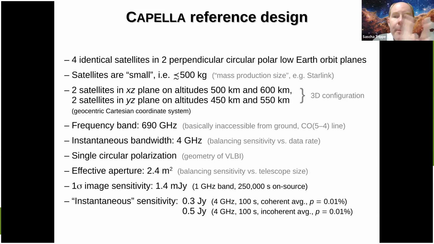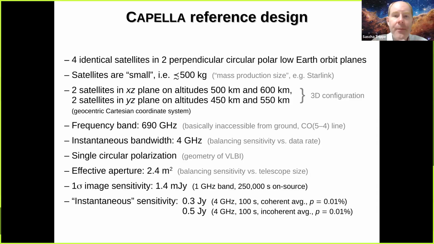And the point is now that in the last few years, technology has evolved a lot, and actually only now, only for the last few years or so, technology has evolved far enough that we can actually fit an entire functional radio observatory with all the specifications that we need into small satellites.